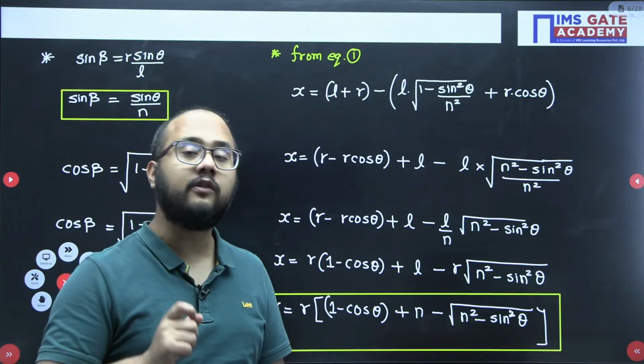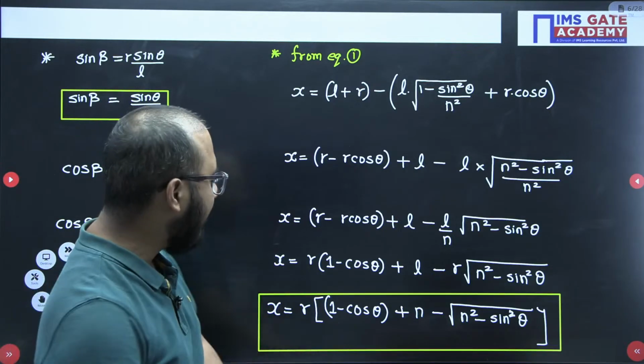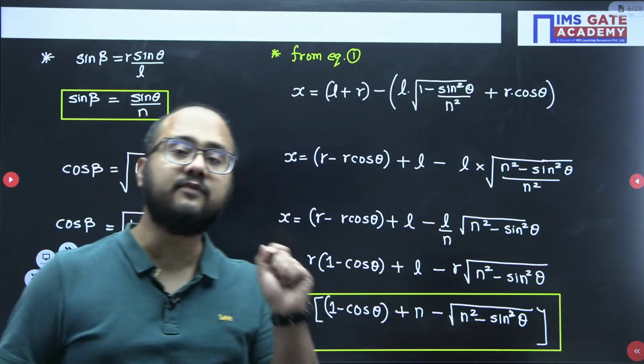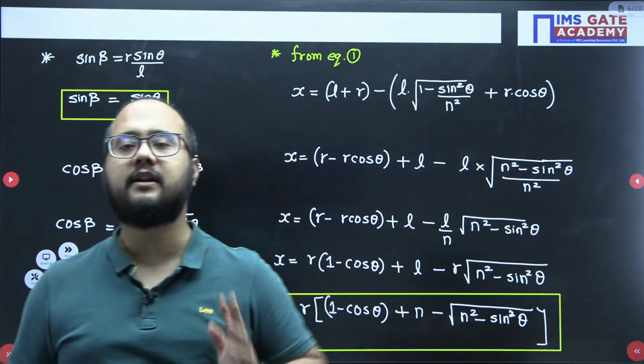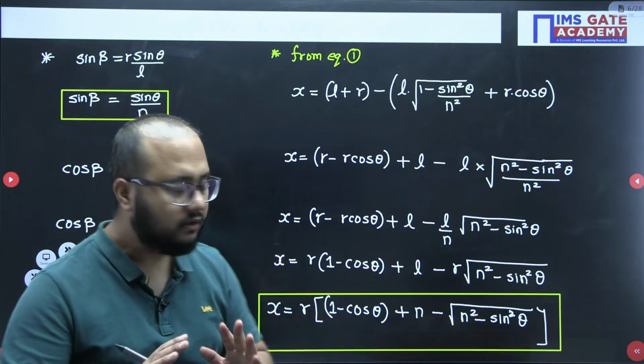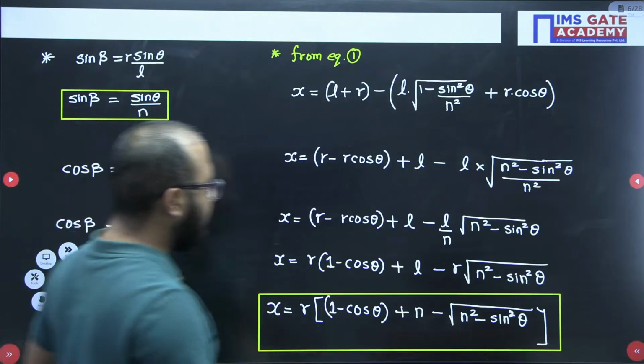Stroke is 2r, so you take 25% of 2r, and if you put that value here, you will directly get theta. And theta is the rotation of the crank. So that's what we can calculate from this relation, and that's why this is very, very important.